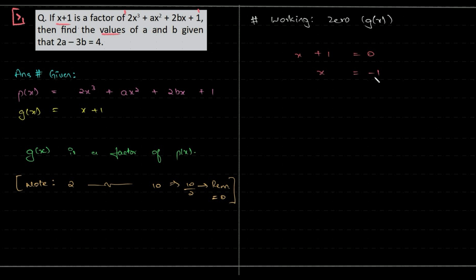X is equal to minus 1. That is the 0 of g of x. Now, what do you do with this information? We're going to substitute x is equal to minus 1 in p of x. We're making use of remainder theorem.